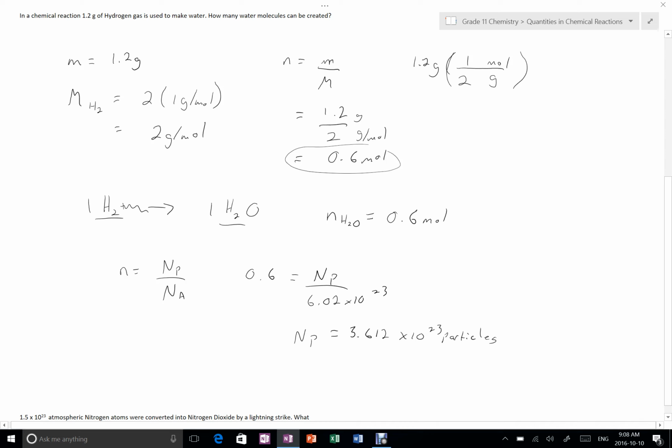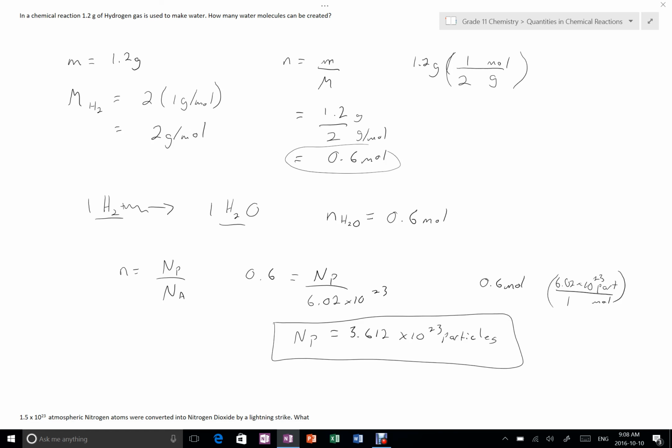You could do that using the factor reduction, of course, by saying 0.6 moles. I want to convert moles to particles. We know in 1 mole there's 6.02 times 10 to the 23rd particles, and so I multiply. Anyways, that's the number of water particles that we could create using 1.2 grams of hydrogen gas.